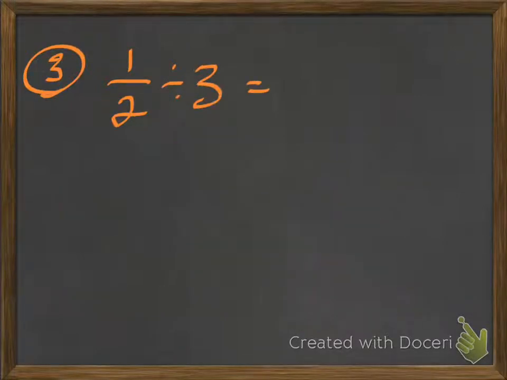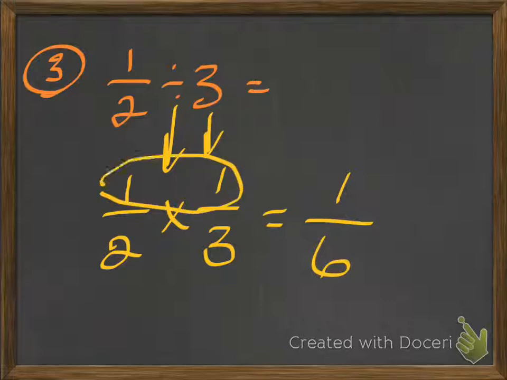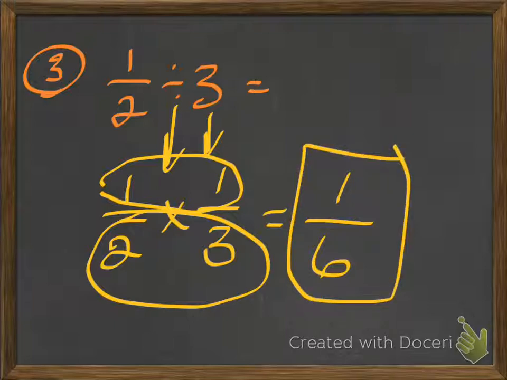Number 3, 1/2 divided by 3. Okay, so 1/2 divided by 3, I'm going to change division to multiplication. 3 becomes 1/3. Multiply the numerators, multiply the denominators, and you get 1/6 as your final answer.